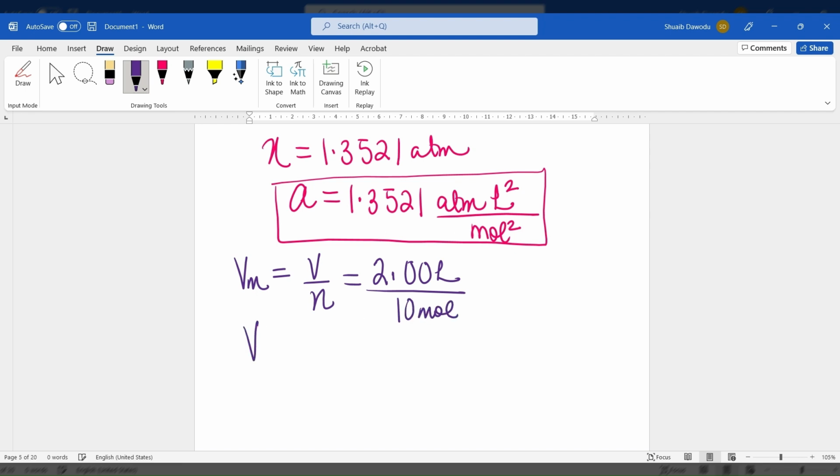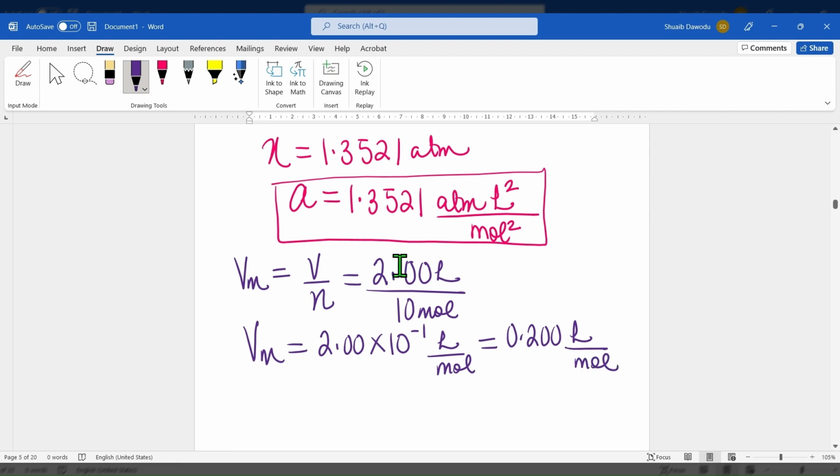So molar volume ends up becoming 2.00 times 10 raised to the power of negative 1 liter per mole, or we can simply say molar volume is 0.200 liter per mole. So that's it.